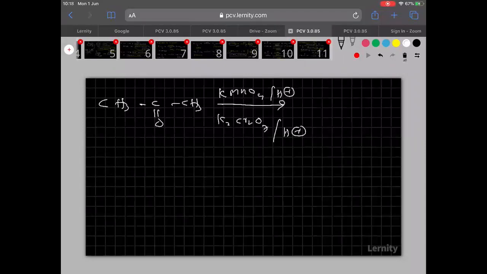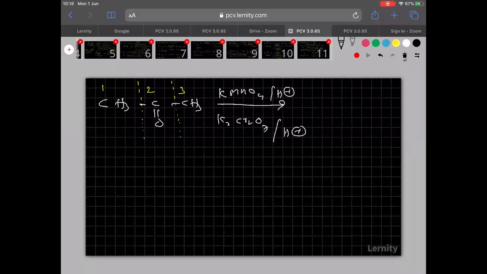Is it clear, everyone? Now try to understand. Let me number this to make it clear: 1, 2, 3. What happens here? In the case of oxidation, there is a chance that the bond between 1 and 2 may be broken. One more possibility is that the bond between 2 and 3 can also be broken.